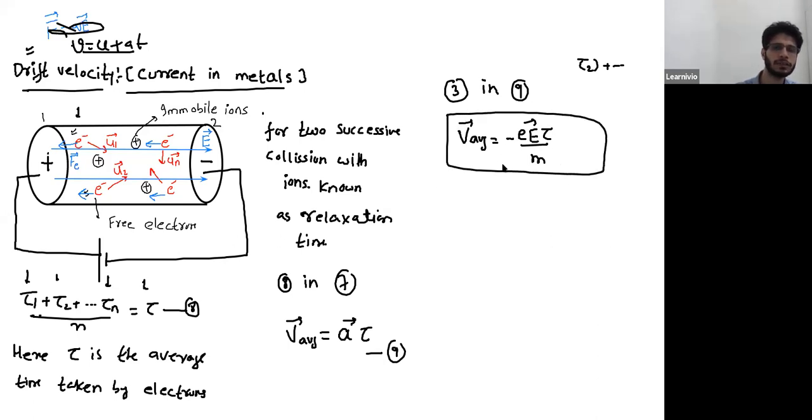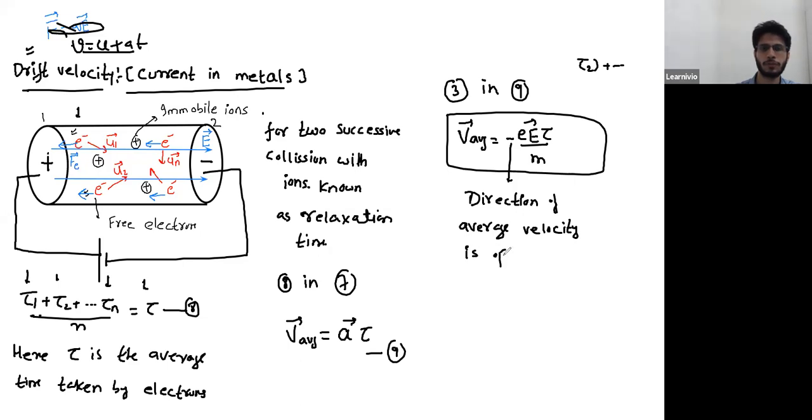This negative sign just represents that the direction of average velocity is exactly opposite to that of the electric field.